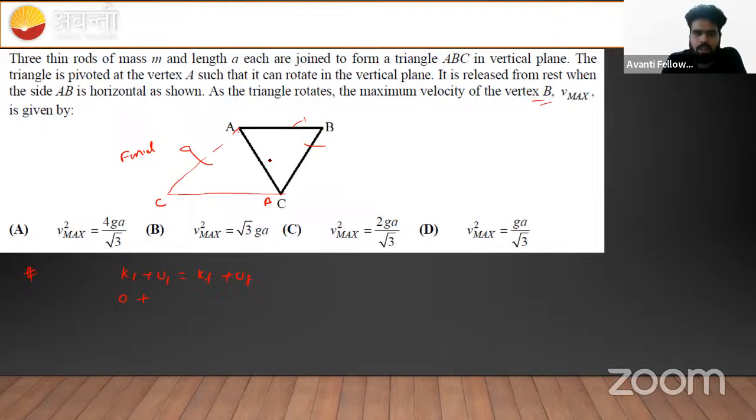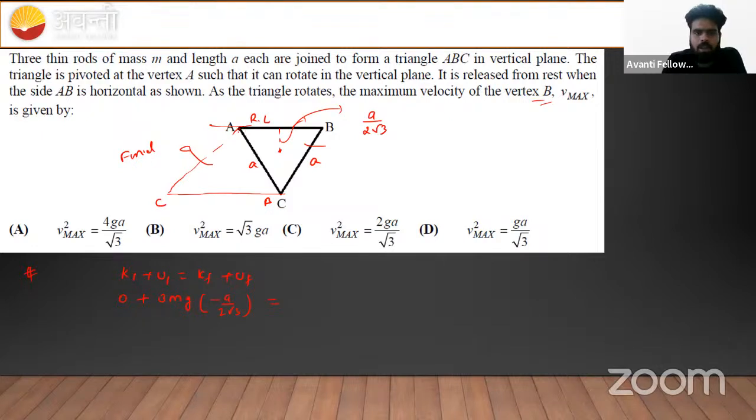What is the potential initial? That is the 3-rod system, with the total mass acting at the centroid. If this side is a, then this distance, which we have to keep in mind, is nothing but a by 2 root 3. If you consider this as our reference line, then what is the potential energy, beta? For the 3-mass system, the total mass is 3m, so it is minus 3mg a upon 2 root 3.